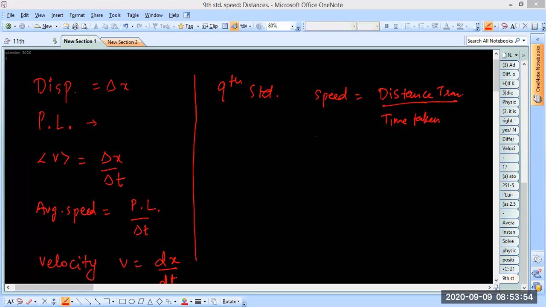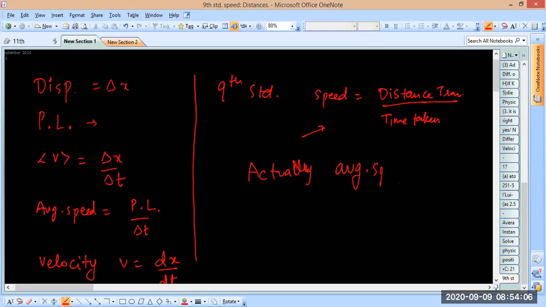You were taught this in ninth standard, but I hope you realize that this is not speed. Actually, this is average speed. Average speed is nothing but path length or distance traveled divided by time taken or time interval.